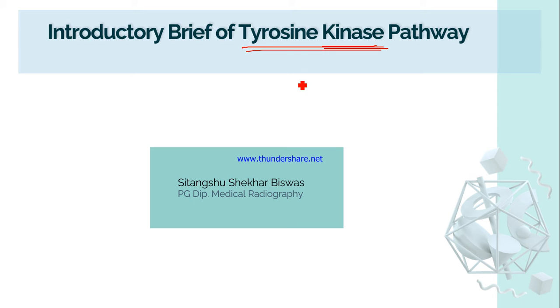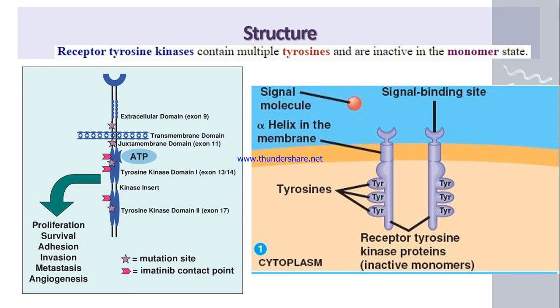It will take the phosphate from the ATP, and then further attach to other signaling proteins in the cell cytoplasm, and this will activate the transcription regulation unit of the cell. So this only we are going to understand very easily.